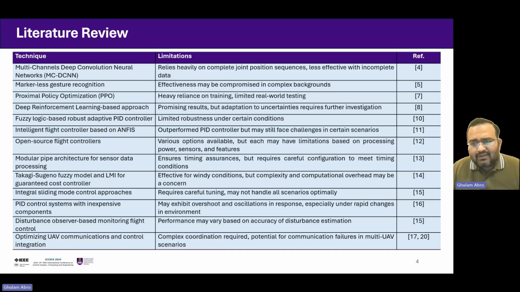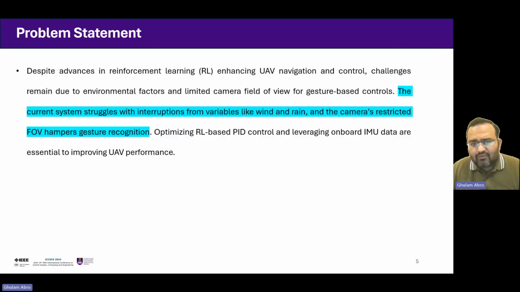Keeping all these research contributions in mind, we come up with a problem statement: even though classical controls have been hybridized with reinforcement learning for navigation and control, challenges remain due to environmental factors and the field of view of the camera as well.